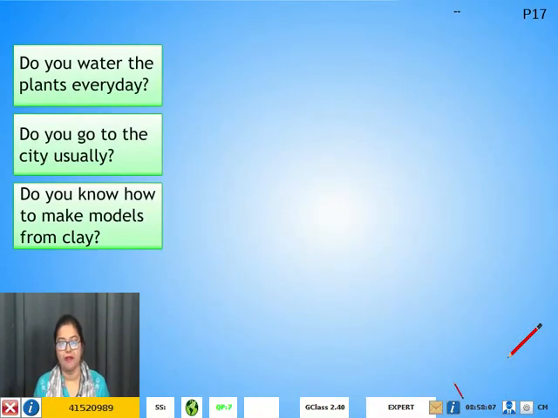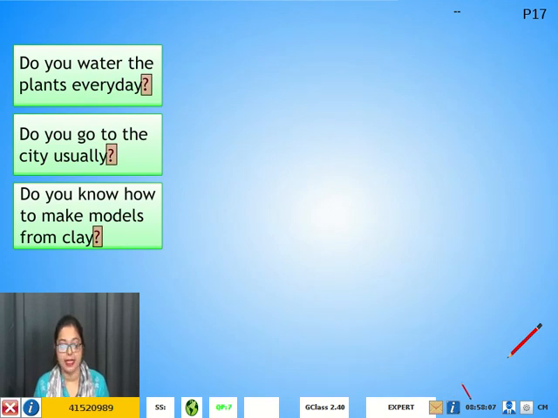So now we have the sentences, we have questions on one side and we'll be having the answers on the other side. Okay. So first let us have a look at the questions. What are the questions? Do you water the plants every day? Do you go to the city usually? Do you know how to make models from clay?